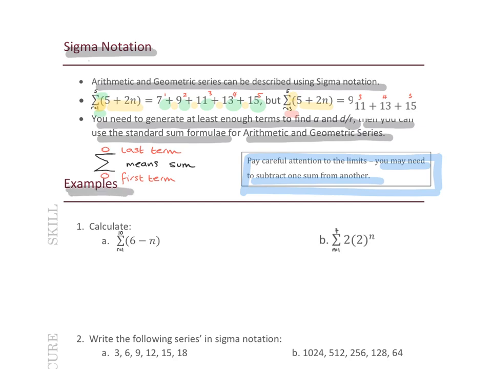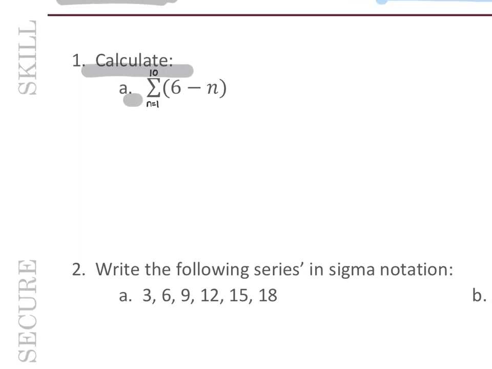So little subheading, examples, and then example number 1, we have calculate 1a, and then we have this sum here. So we have sigma, that means we are summing something, and we are going from r equals 1 to 10. Remember, that was the first term, and that is the last term.